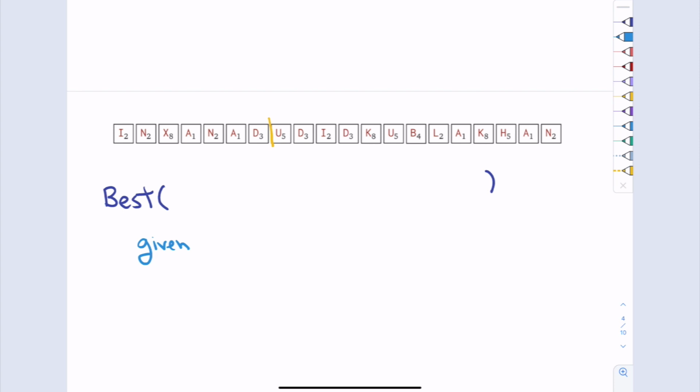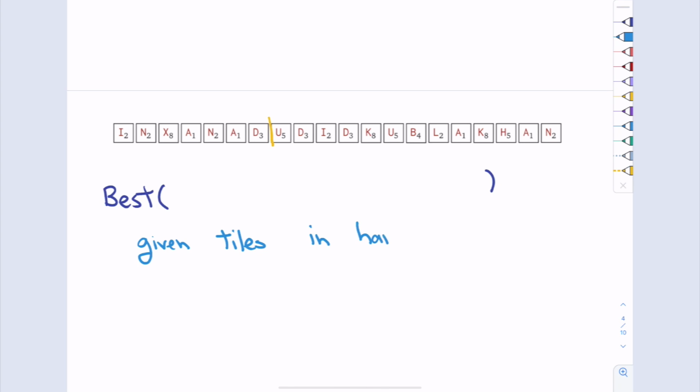So in a particular moment, what's the full state? You have the tiles in your hand, and I'll write in hand. I'll leave some white space so we can go back and make this more precise.